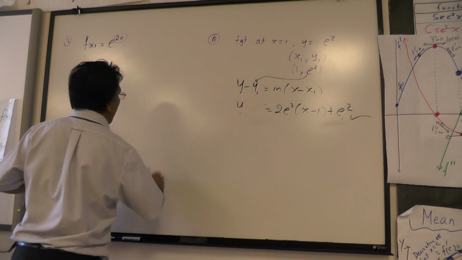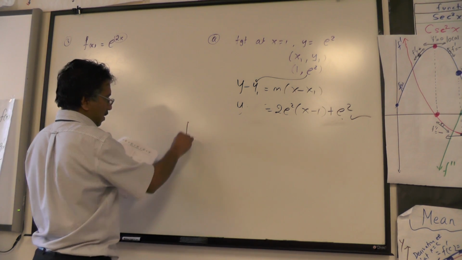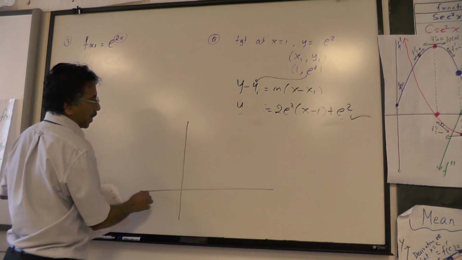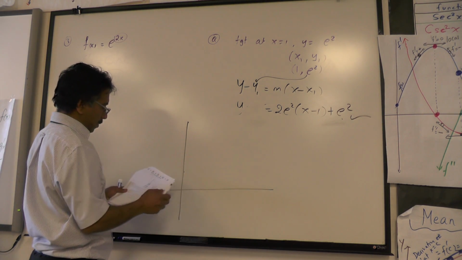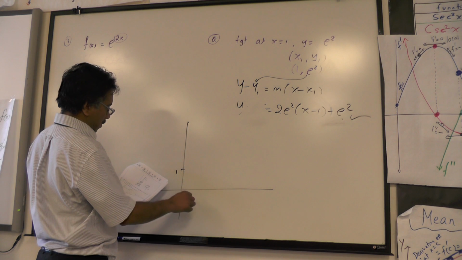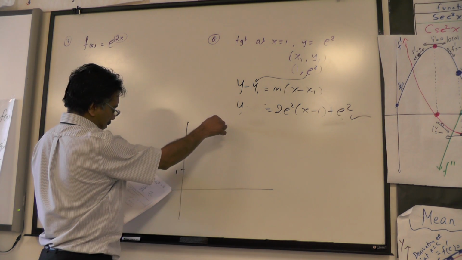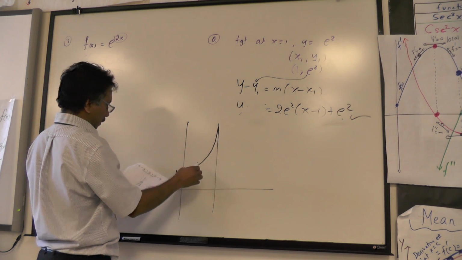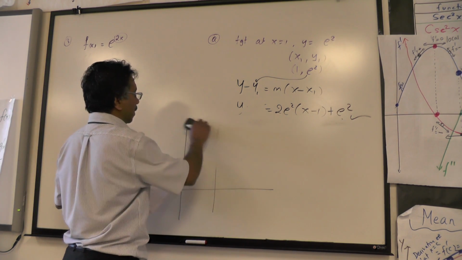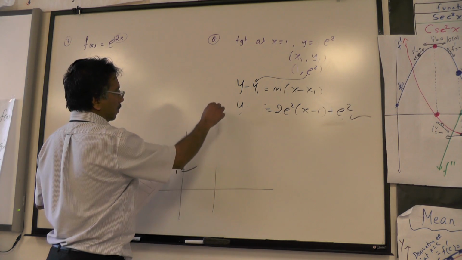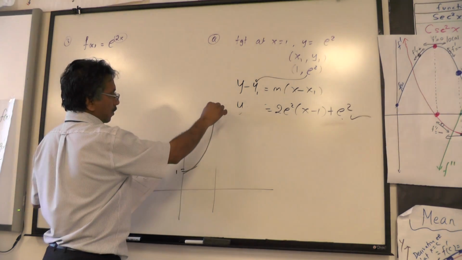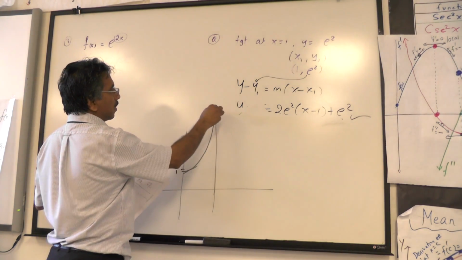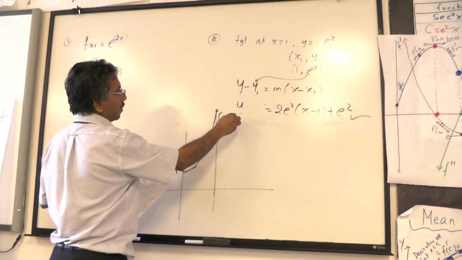Next question is asked, and you have a figure like this. Okay, this is your point, (1, e squared).